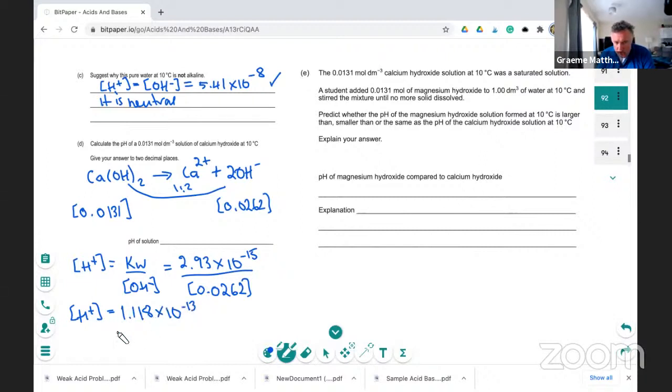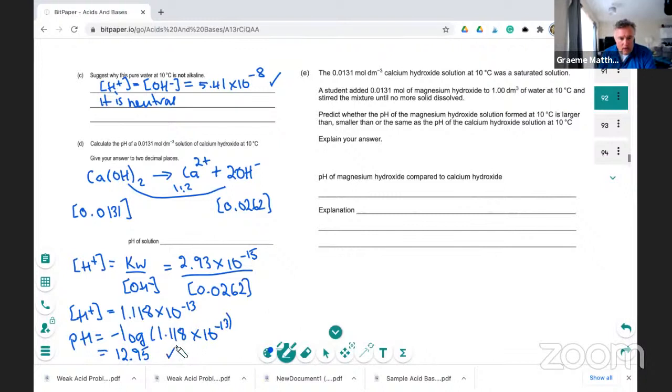That's the concentration of my hydrogen ions. And so the pH is minus the log of 1.118 times 10 to the negative 13, which gives 12.95 to 2 decimal places. Okay, got that right.